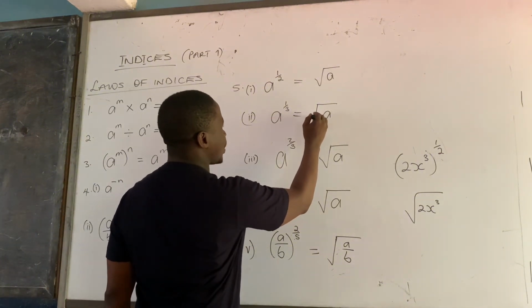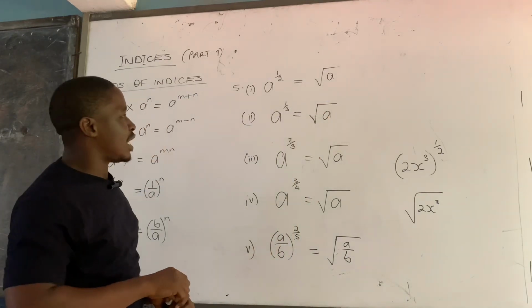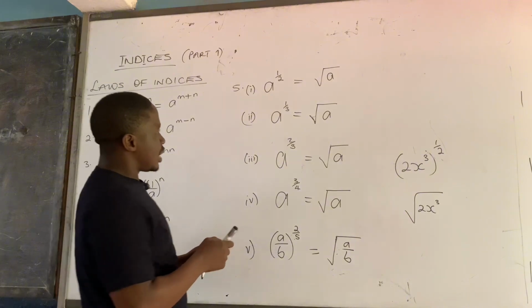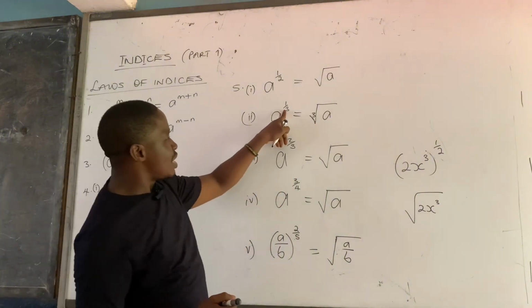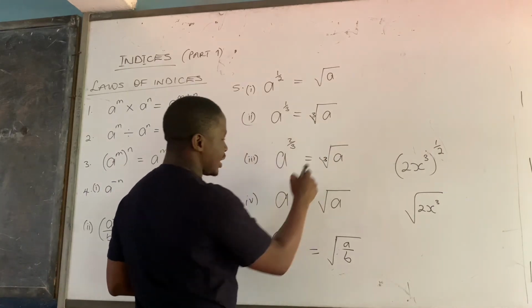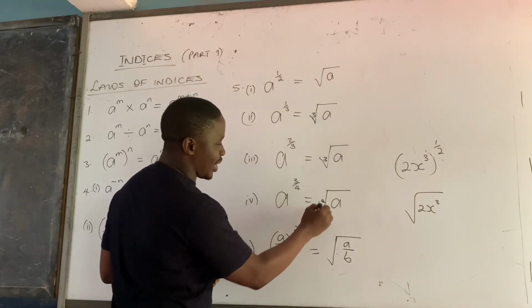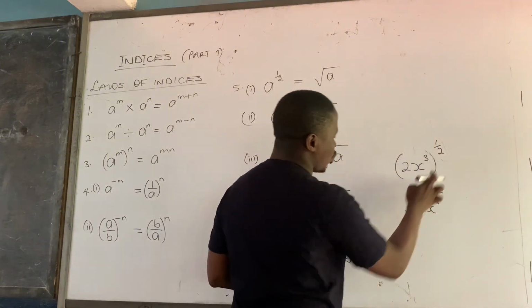So we can call that one the cube root. This is 3. The denominator is 3, that is what we write. The denominator is 4, that is what we have here. The denominator is 5, that is what we have here. The denominator is 2, we don't write it.